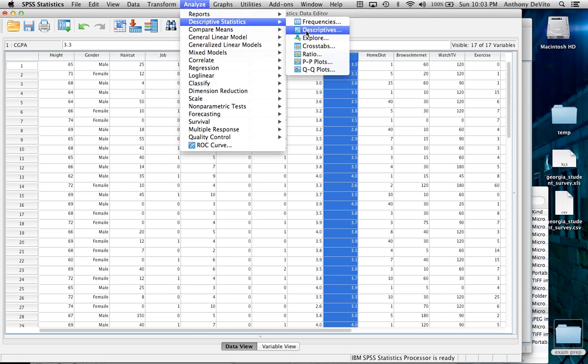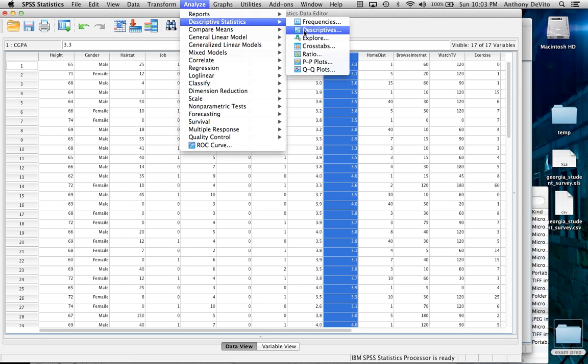It gives me a summary of some descriptive statistics, but if I actually go into Explore, it gives me more detail on the descriptive statistics. So I'm usually going to go straight to Explore rather than use descriptives or frequencies. The other advantage of Explore is it gives me an opportunity to factor the data into different groups.